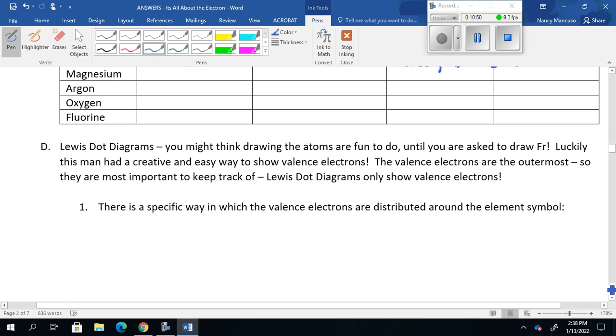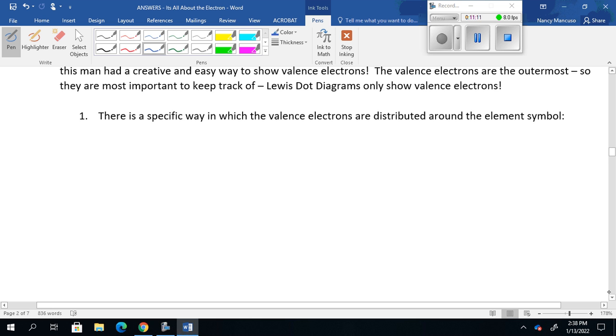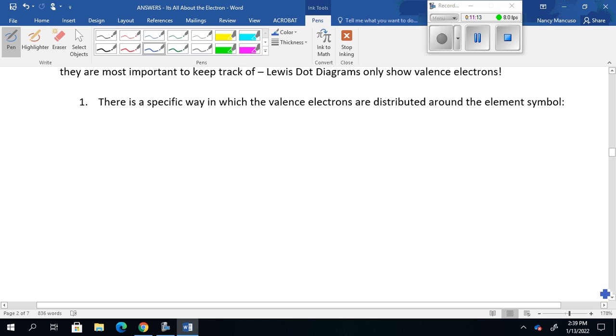All right, Lewis dot diagrams. You might think drawing atoms is fun until you're asked to draw something gigantic like francium, which has 7 energy levels. Luckily, this man Lewis had an easy way to show valence electrons. They're the outermost ones, so they're the ones we really care about. The inner electrons aren't as important in bonding.